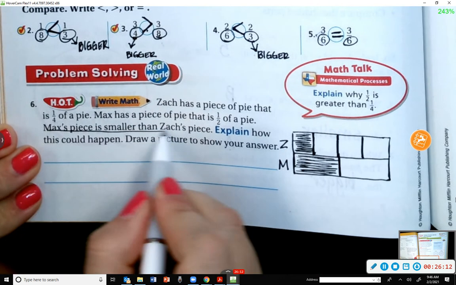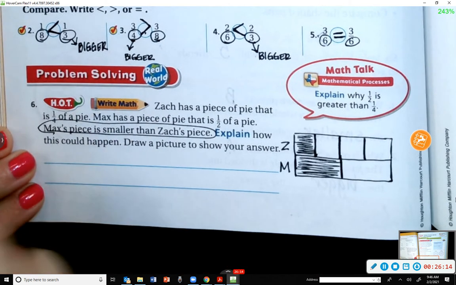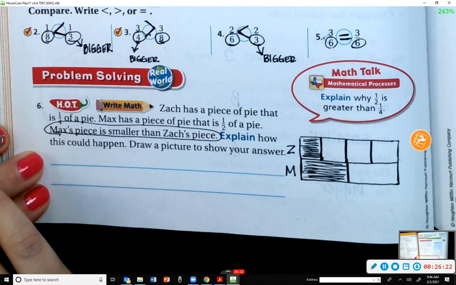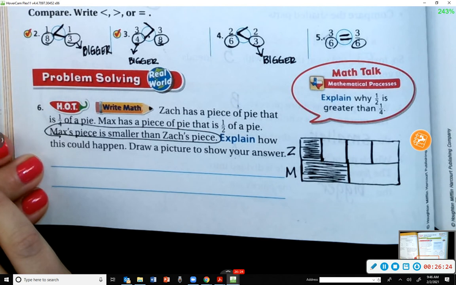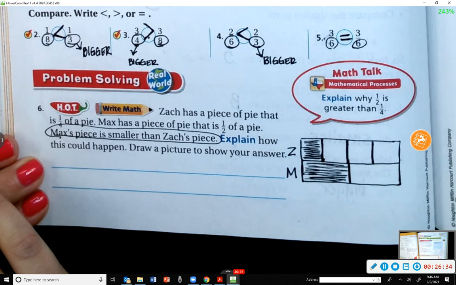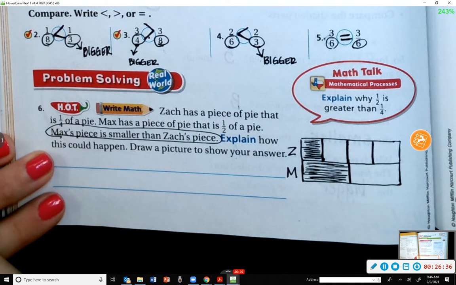Max's piece is smaller than Zach's piece. Okay, everybody got that shaded?